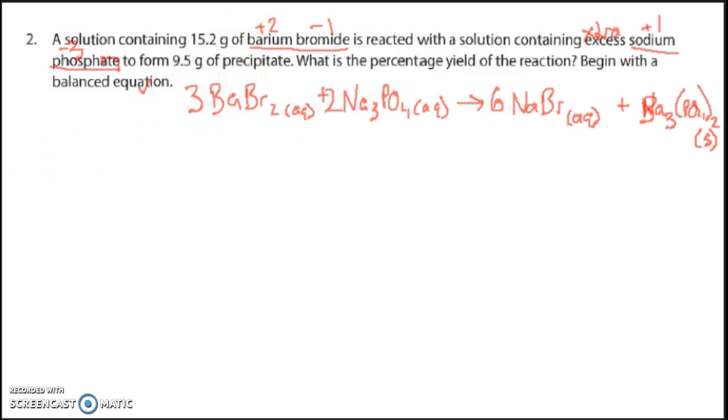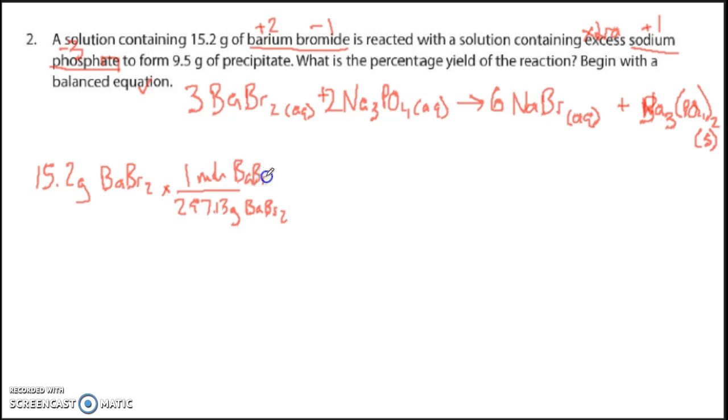So start with the barium bromide. 15.2 grams BaBr2. Only thing you can do with grams, take it to moles. The molar mass of barium bromide, barium and bromine are actually both quite heavy elements, 297.13 grams barium bromide to 1 mole barium bromide.